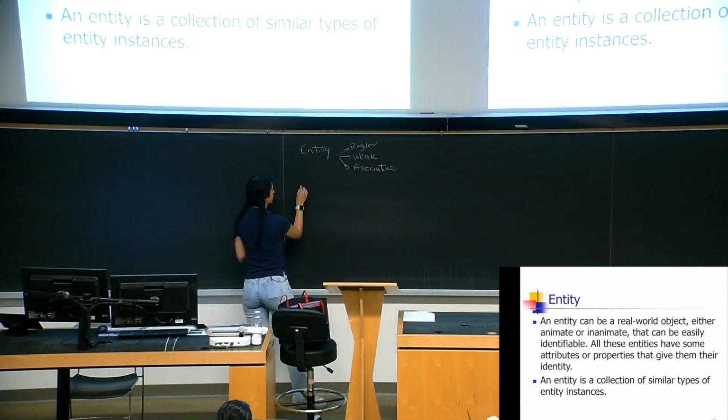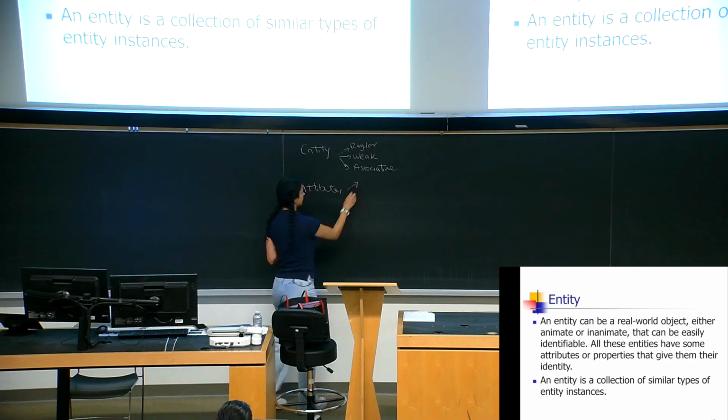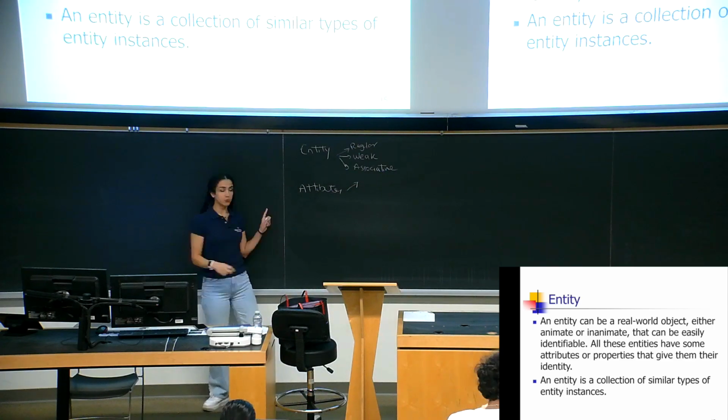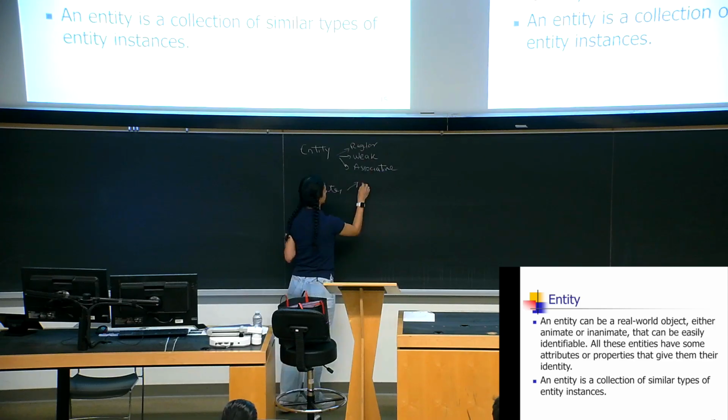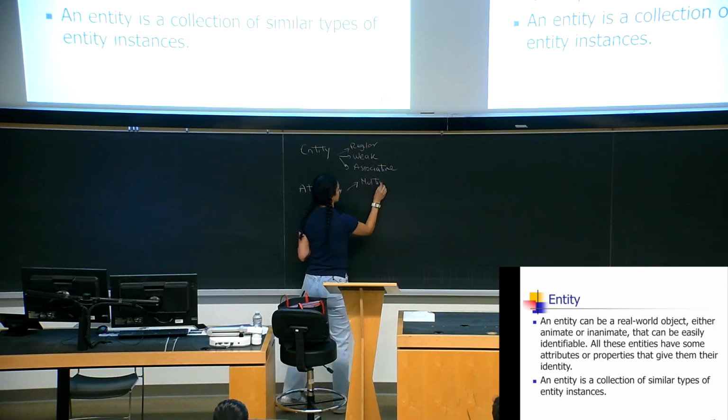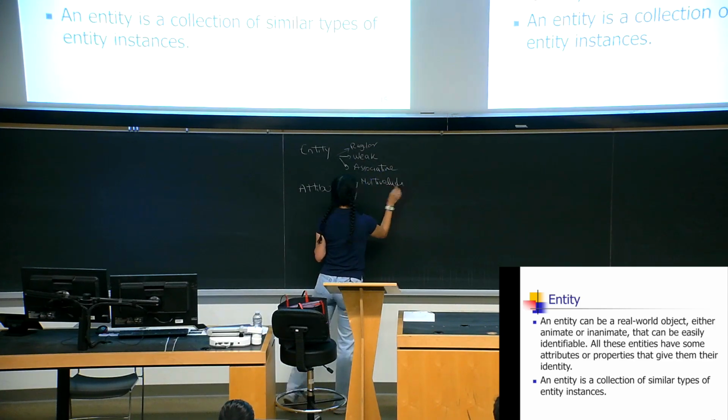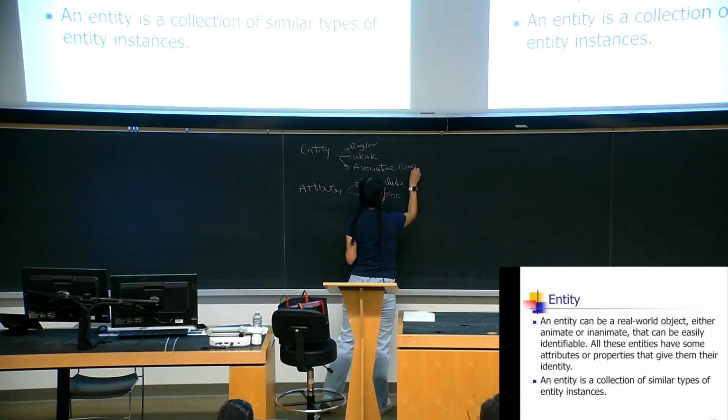For the attributes, we will talk about different types of attributes, like normal or regular, multivalued, composite. This is also called composite, and please do not confuse them together.